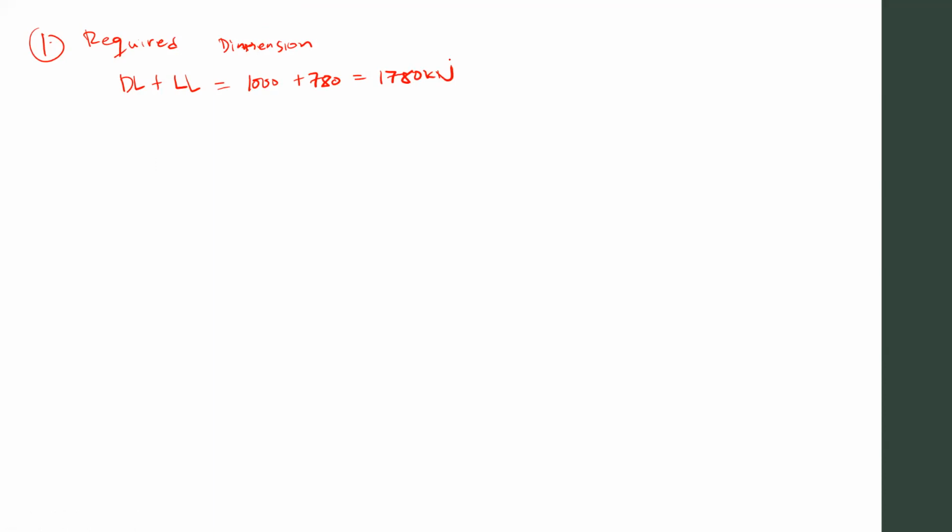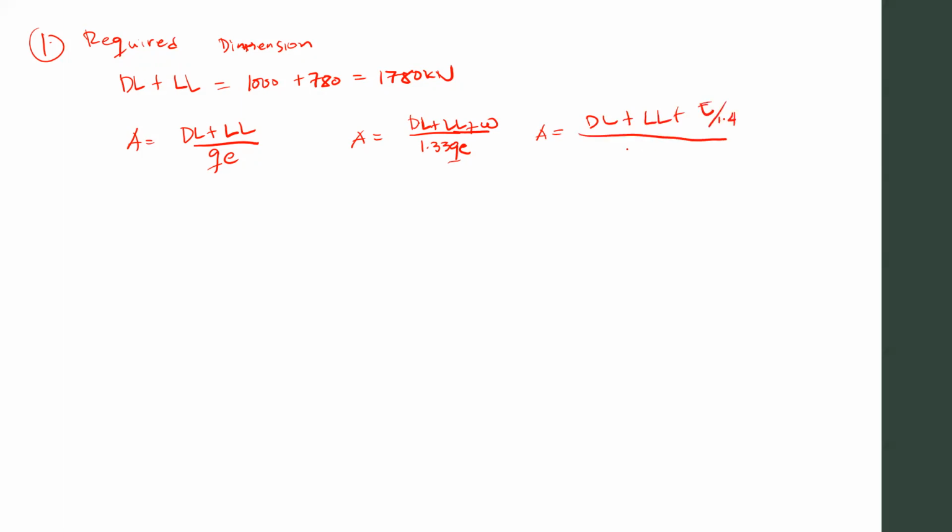Okay? Now, 'di ba dapat for the required area, dapat ang area is dead load plus live load over QE, or pwede rin yung area is equals to dead load plus live load over 1.33 QE kapag may wind or lateral, and yung isa ay A equals to dead load plus live load plus E over 1.4 divided by 1.33 QE kapag may earthquake.